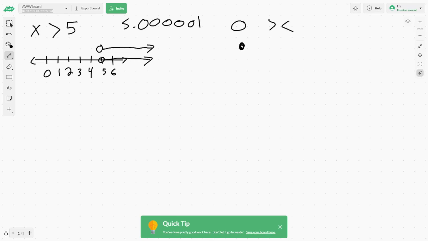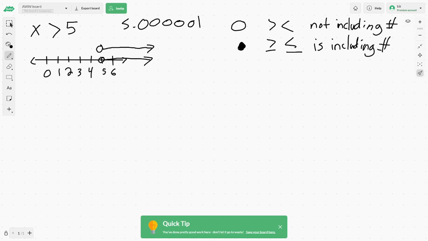A closed circle indicates greater than or equal to, or less than or equal to. So this is not including the number that you have the circle at, and this is including the number.